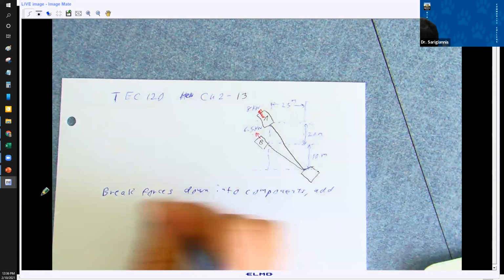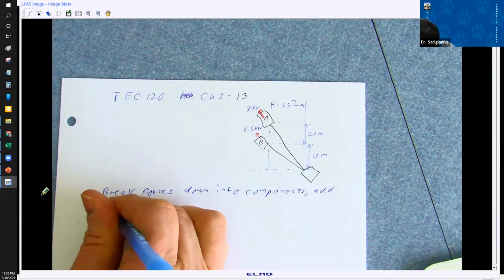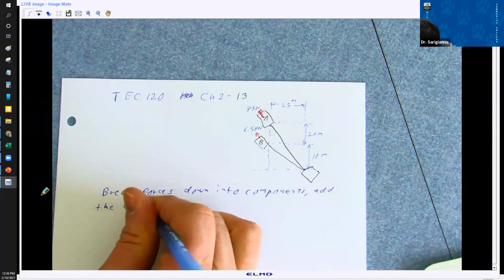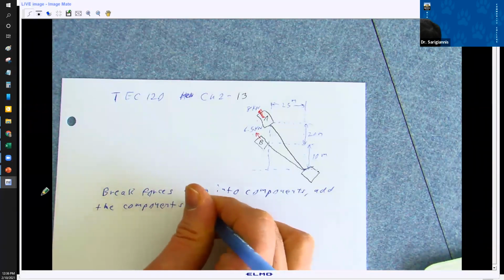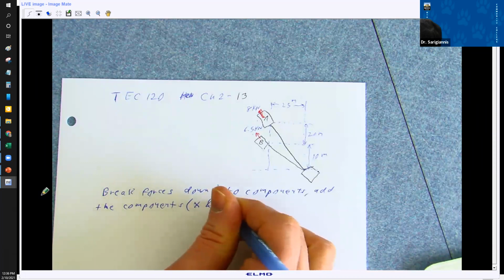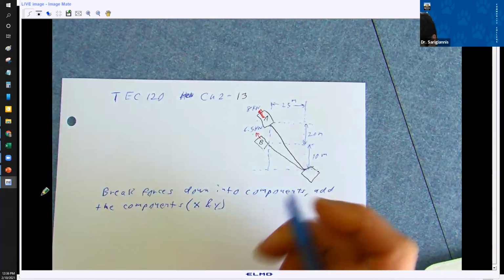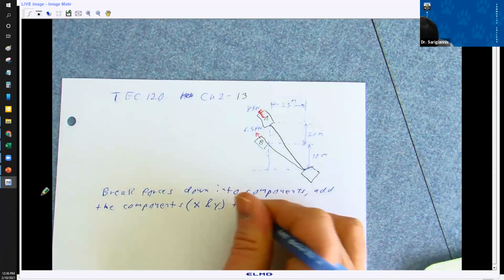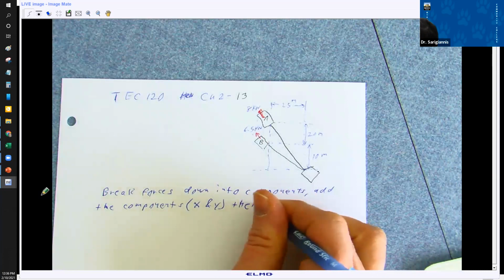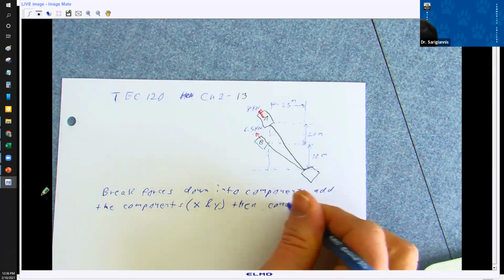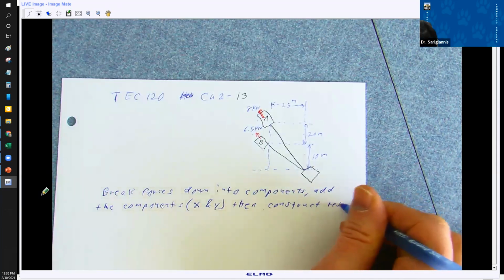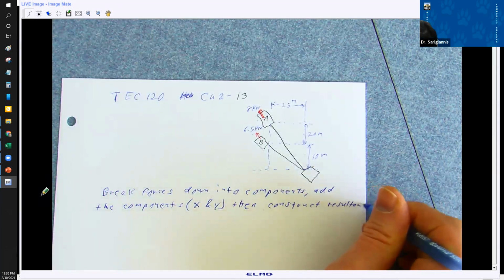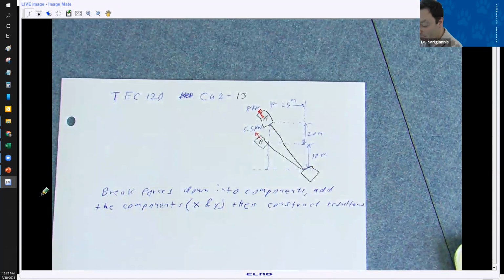Add the components. And these components are going to be X and Y, right? Then I'm going to construct a resultant. Ran out of room. All right.